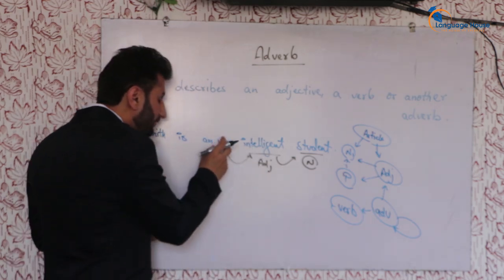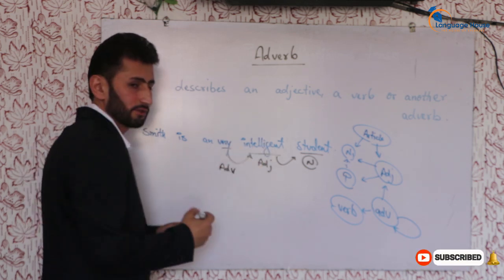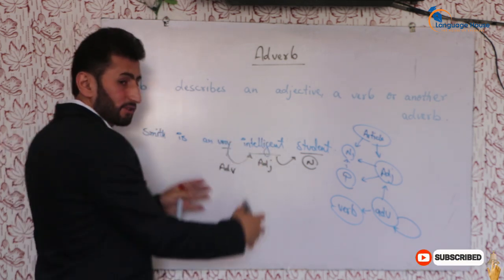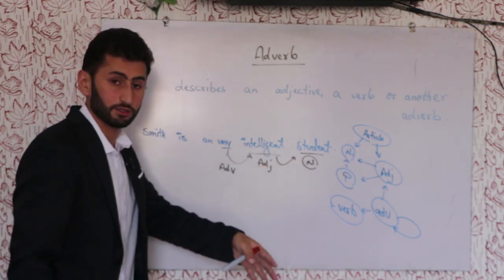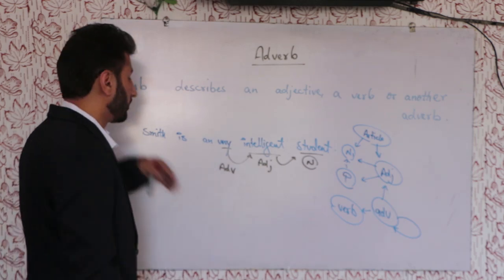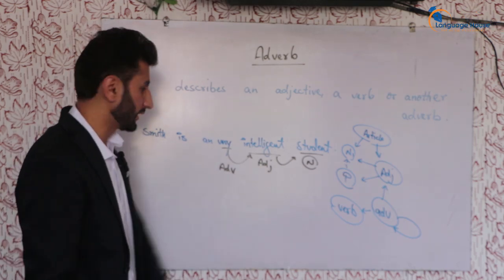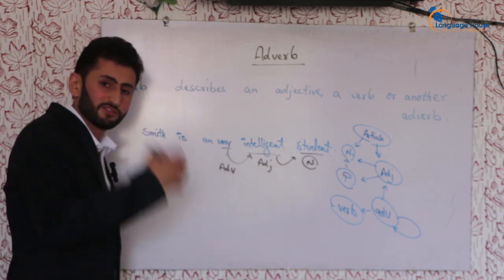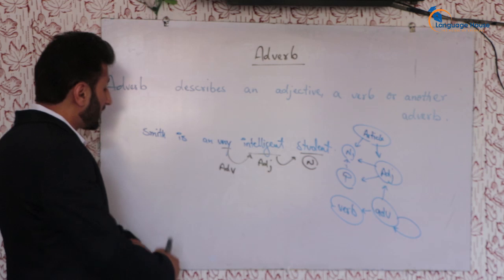So this very, which modifies the adjective, is called an adverb, right? We can use different types of adverbs, like Smith is an extremely intelligent student, or Smith is a so intelligent student, right? Or Smith is an incredibly intelligent student, right?